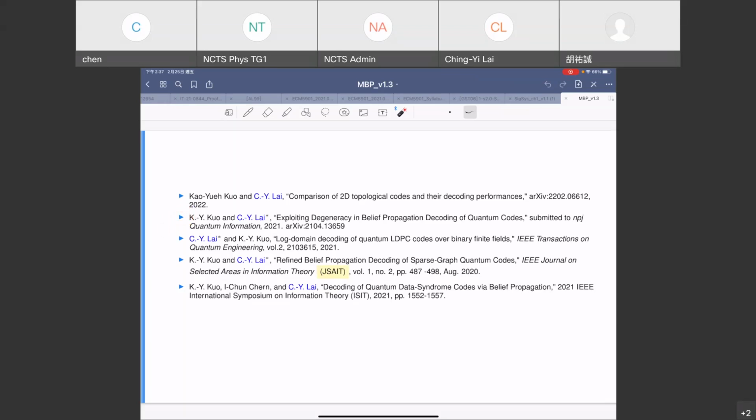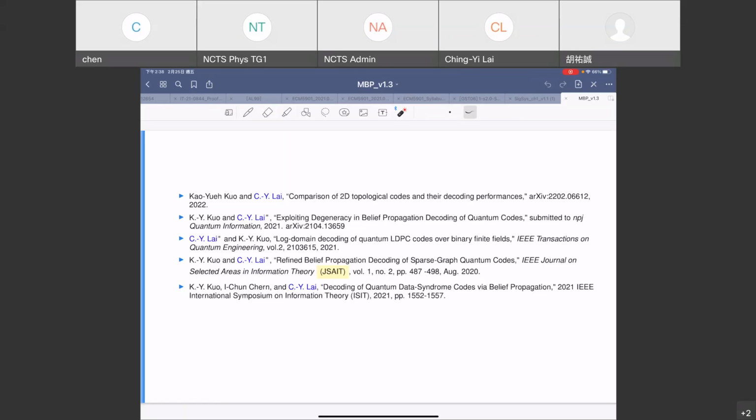Basically, recently we developed some decoding schemes for sparse quantum codes. We would like to apply these decoding schemes to these topological codes. And I will tell you that this is a very important problem in quantum error correcting codes. If you want to protect the quantum information, you have to encode the information, and then you have to perform error correction constantly, because errors will accumulate over time.